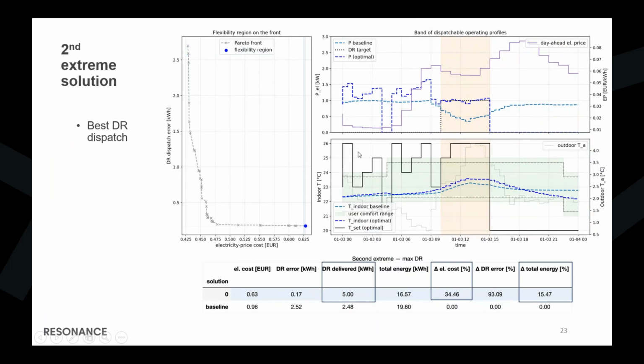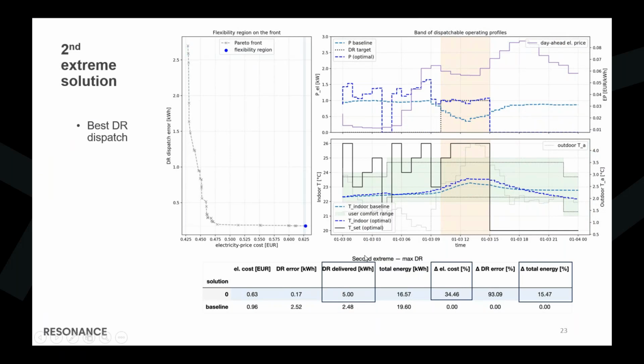On the right side, we can see the pattern, and indeed we can see that the heat pump tries to follow this demanded DR target, this 1 kilowatt between 10 o'clock and 3 o'clock. The other consumption is pushed to this low electricity region. And again, we can see here that the thermal comfort is not violated.